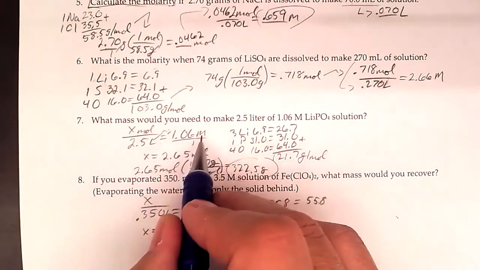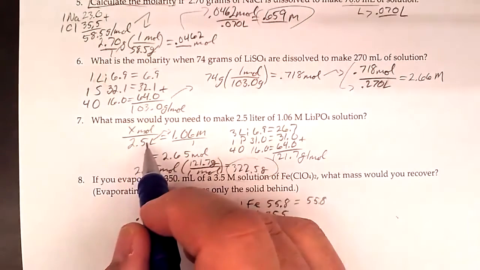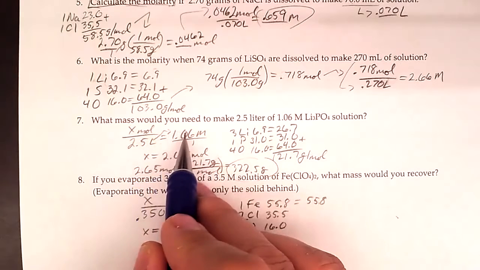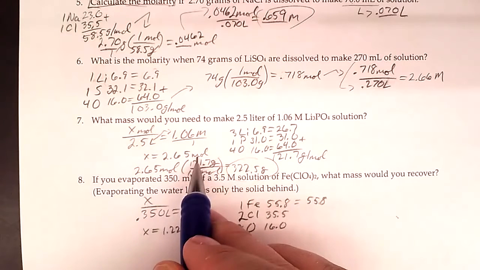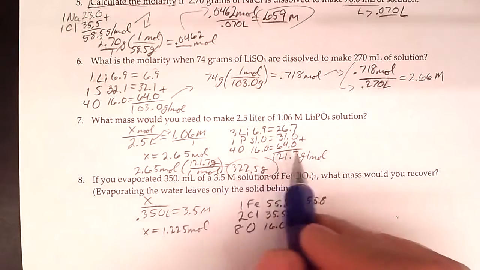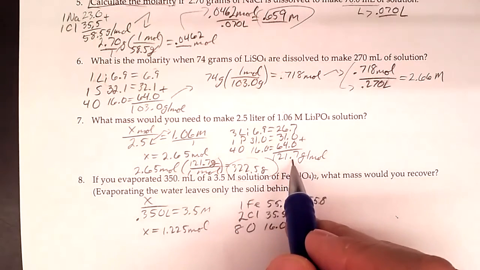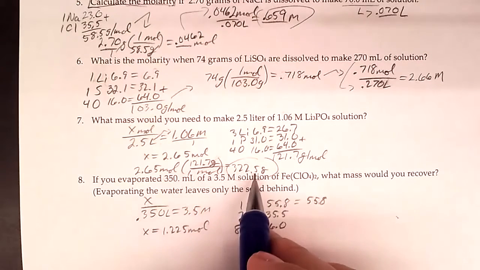And remember, inside molarity is moles and liters. I can put down the liters, I can put down the molarity, and I can multiply this over and solve for moles. So moles turns out to be this. And then I can go to the periodic table, get my molar masses, multiply through, add them up, and that is my molar mass to take my moles to grams, multiply and get grams.